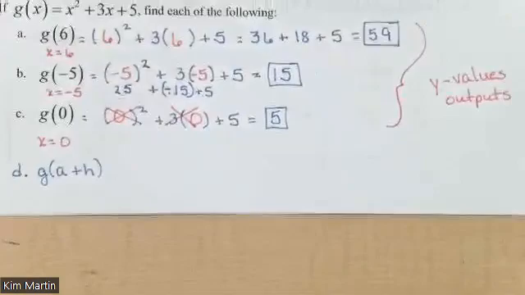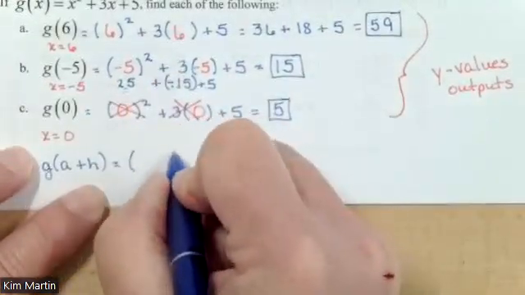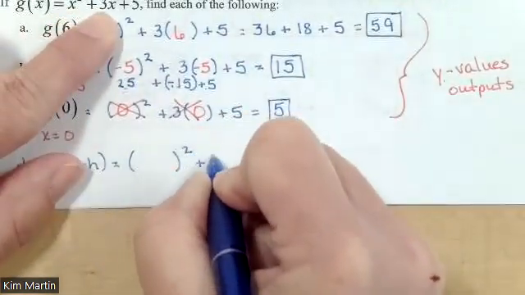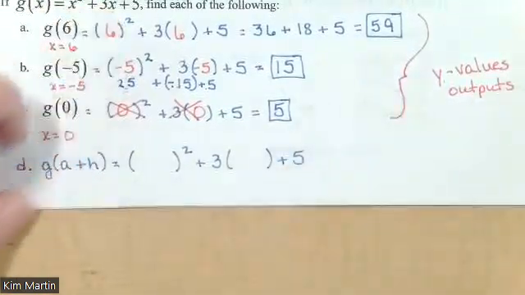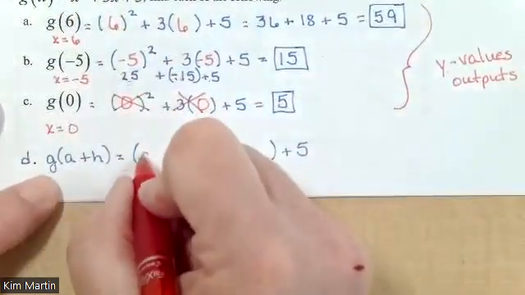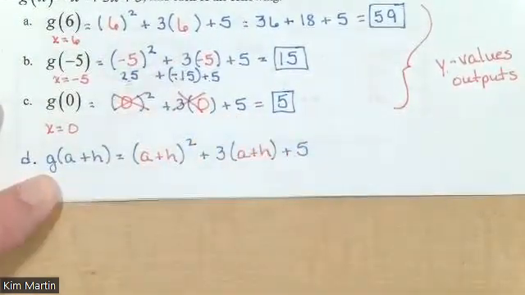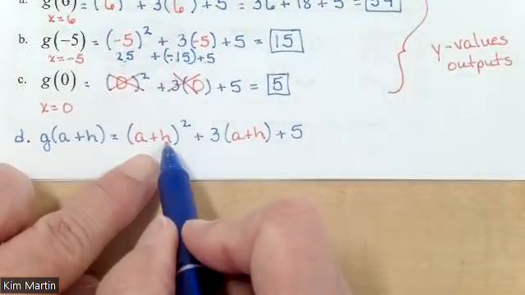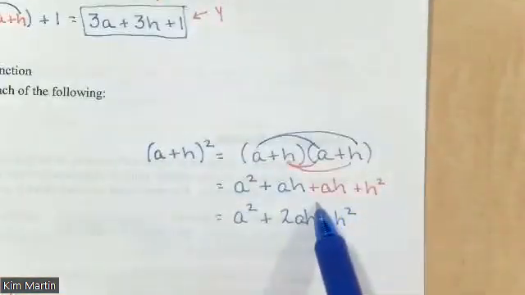When you do that, you say, take your input, square it, plus 3 times your input plus 5. Where before they were numbers, now you're going to do the A plus H. Now, look right here. See that part? We just did this part right up here.